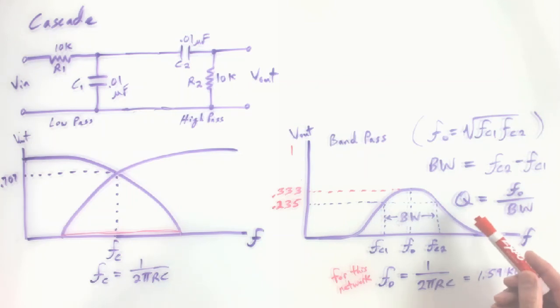Q for a filter is an indication of how narrow the bandpass is, with some perspective on where you are in terms of frequency. So that narrowness is very relative to where you are in the frequency range.